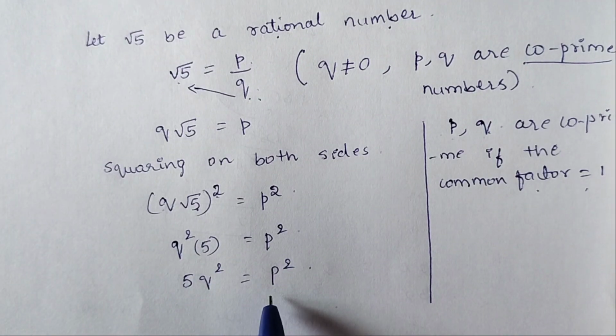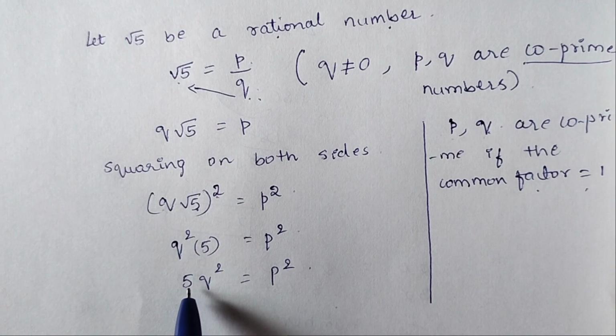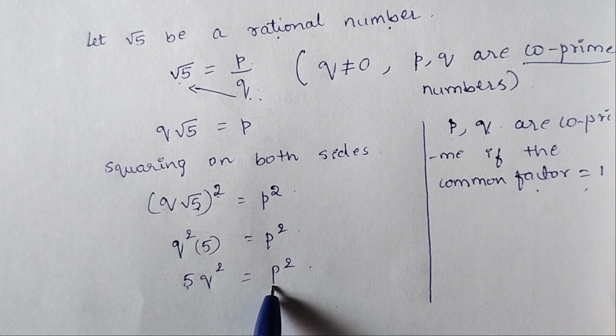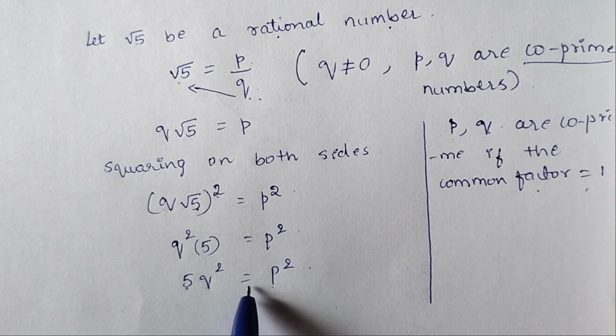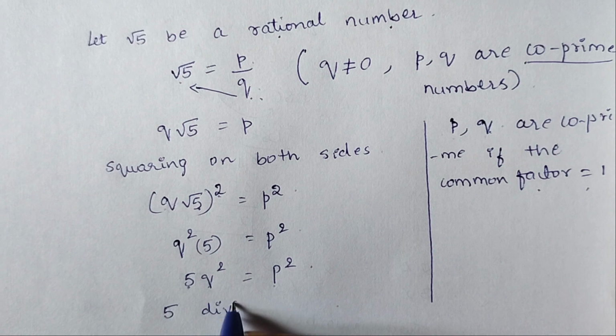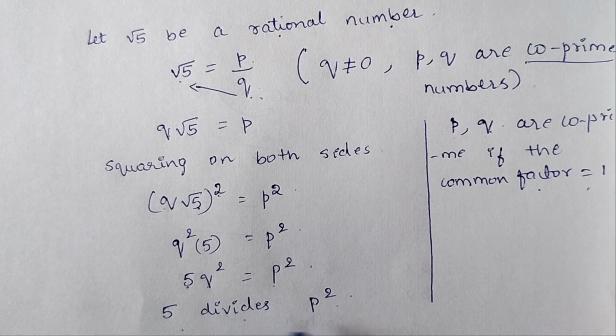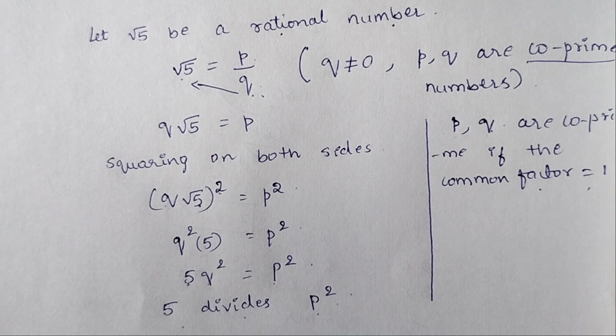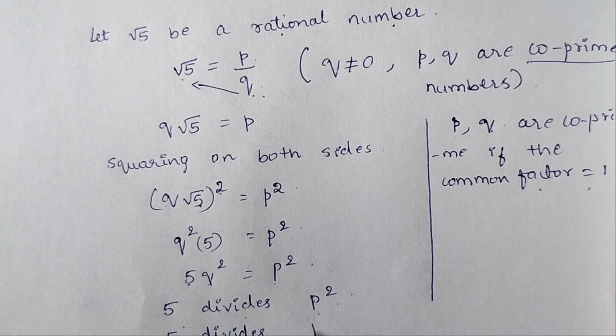So from this, what can I conclude? I can conclude that 5 divides p square. We have written that 5q square is equal to p square. This implies that 5 divides p square. If 5 divides p square, based on the theorem, we can write that 5 divides p.